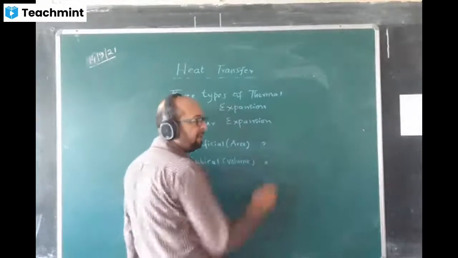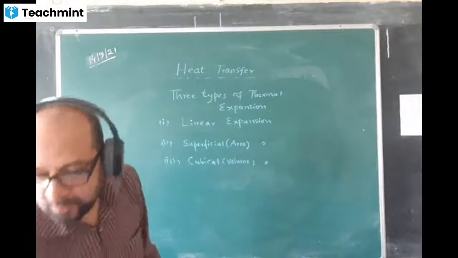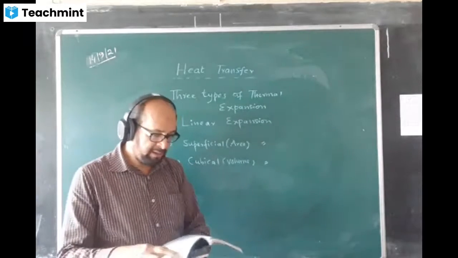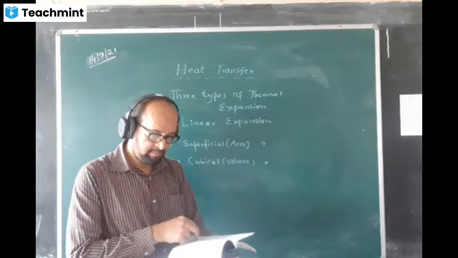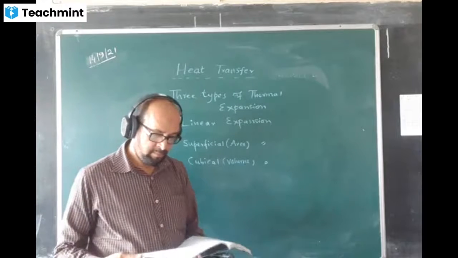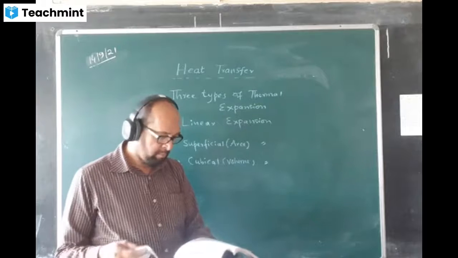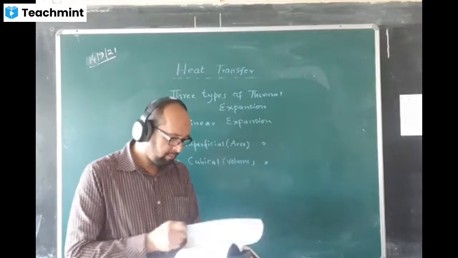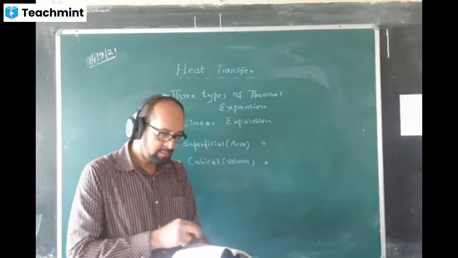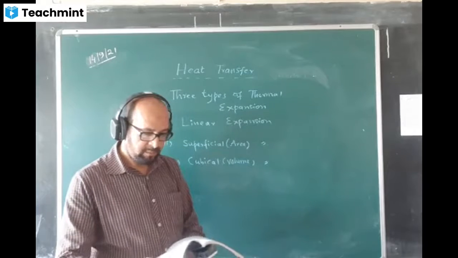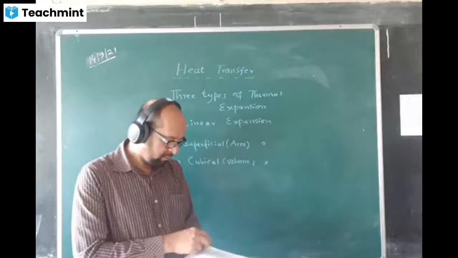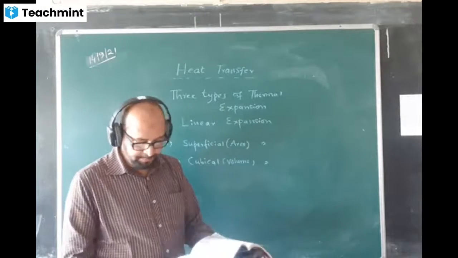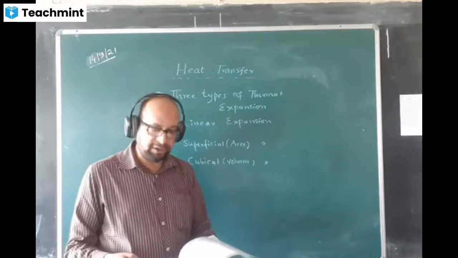In railway tracks, they are showing the diagram also in the book. You can have a look at it. I show you the diagram. They have given a diagram on page number 113.